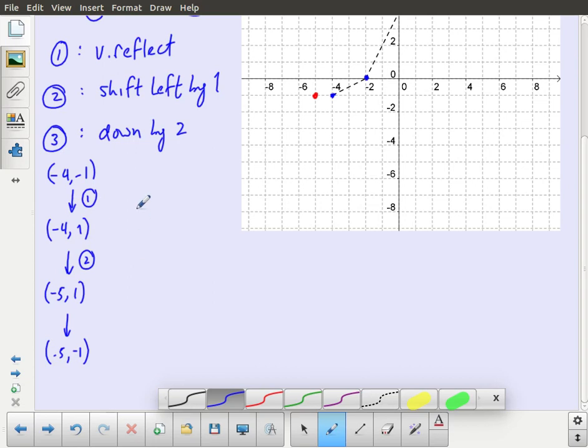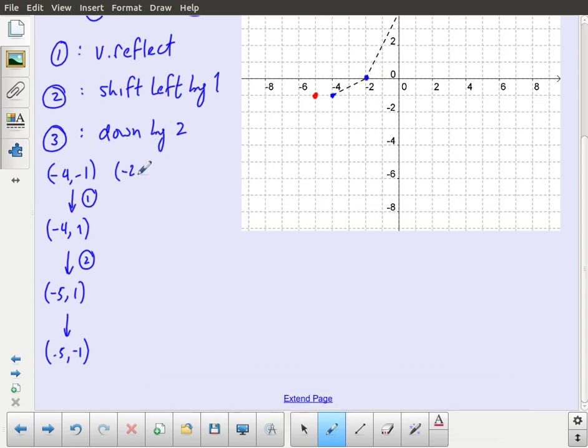So let's do another point, which is this point, -2, 0. The first transformation is a vertical reflection. -2, 0 times -1, reflecting 0 just stays 0. Then we have a shift left by 1, -2 becomes -3. And then we have a shift down by 2. So the x-coordinate stays the same this time, and that becomes -3, -2.